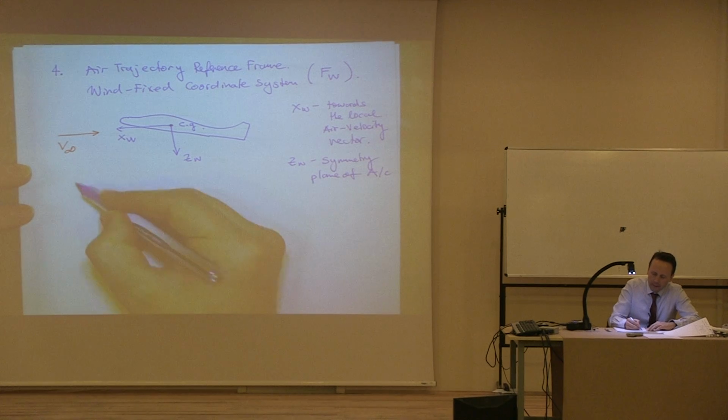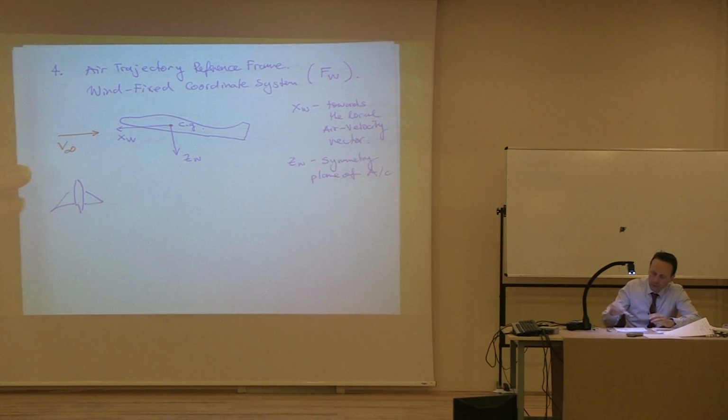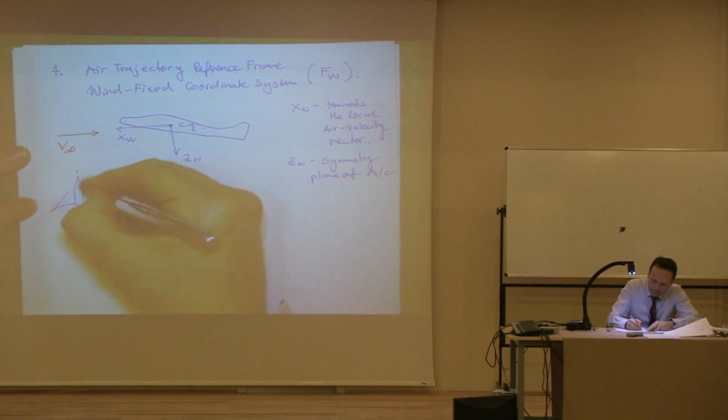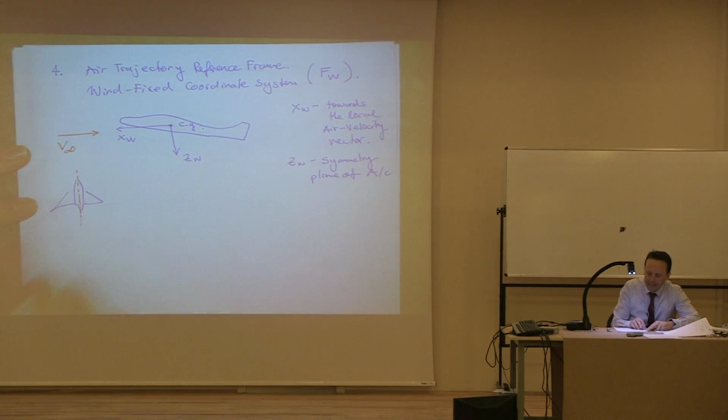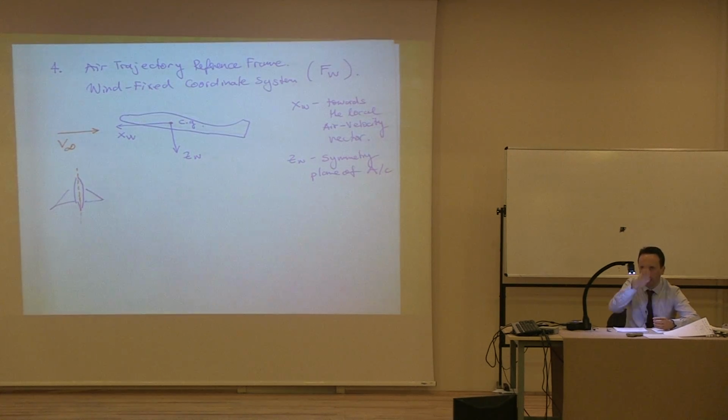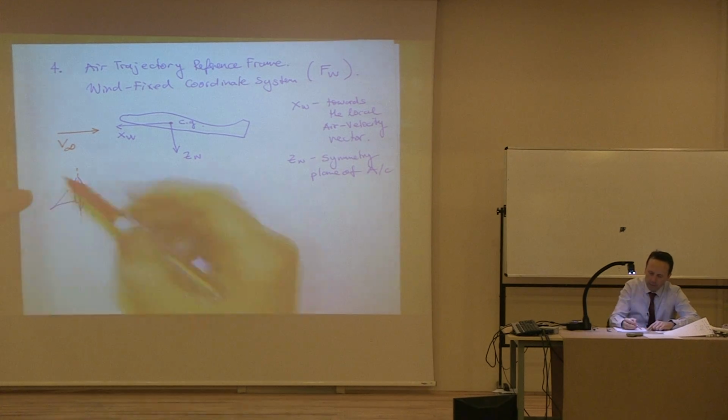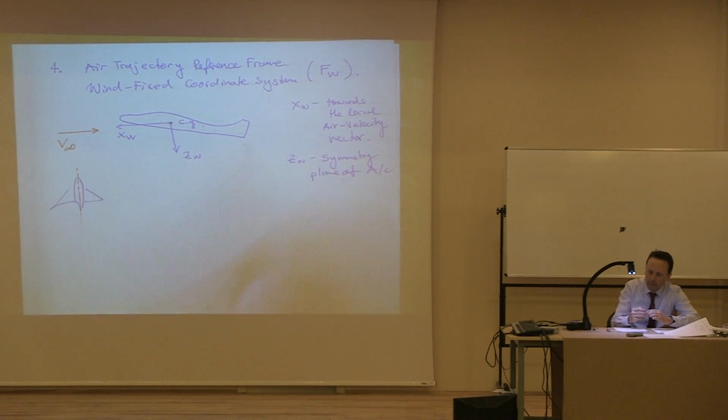So the symmetry plane, as I said at the beginning, if this is your airplane, this is your symmetry plane. And ZW must be in this plane. Understand? So it's here. And that is ZW.